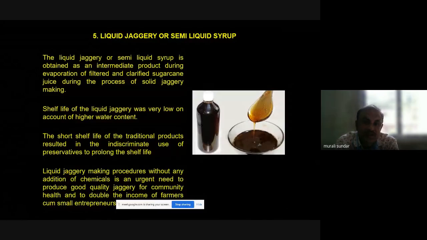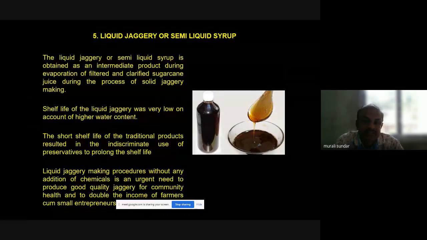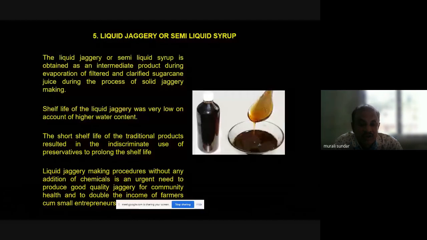So, considering all these constraints as well as the need for the product, we have developed a unique technique for liquid jaggery or semi-liquid syrup, for easy usability for jaggery users as well as consumers who prefer to have organic products. We have developed a technology without adding any chemicals to the product, and we have tested our product.